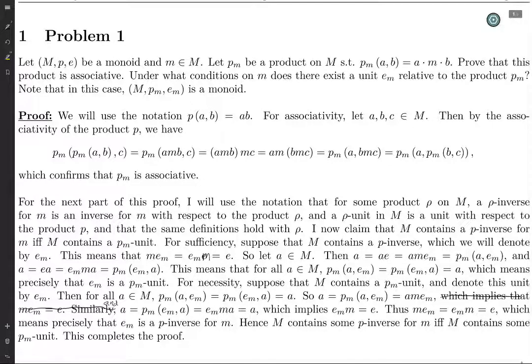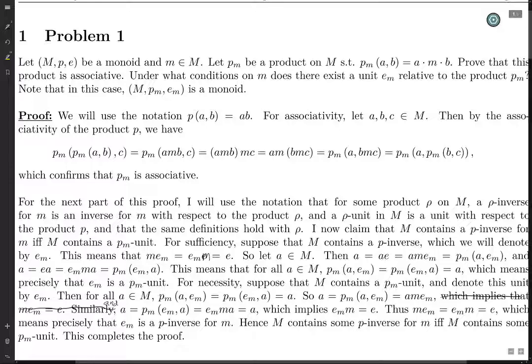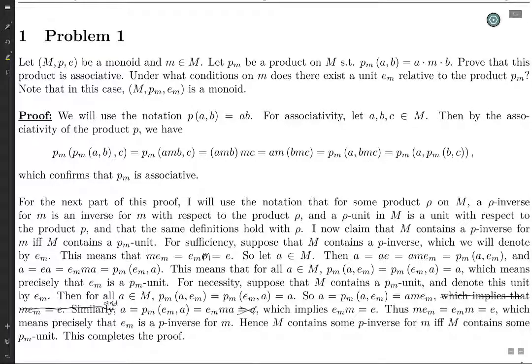But now, after we do this, we know that AMEM equals A equals EMMA. And so that means precisely that EMM is the identity E. That we do know, because that's what the identity is by definition for a monoid.